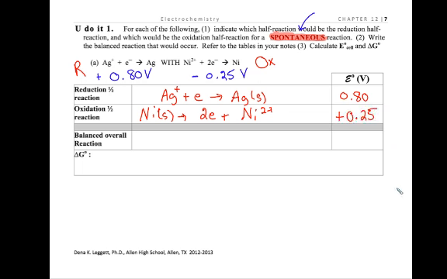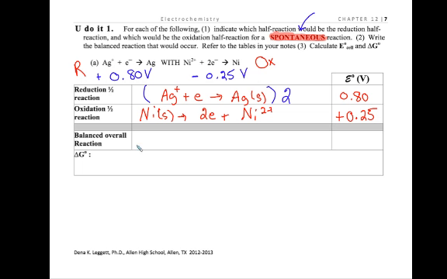Now, if I want a balanced overall reaction, I need to exchange the same number of electrons. This is pretty straightforward. I'm going to multiply this by 2. But notice I do not multiply E0 by 2.